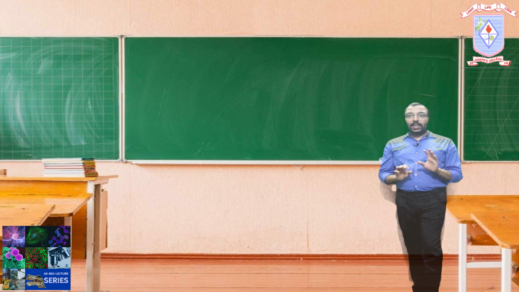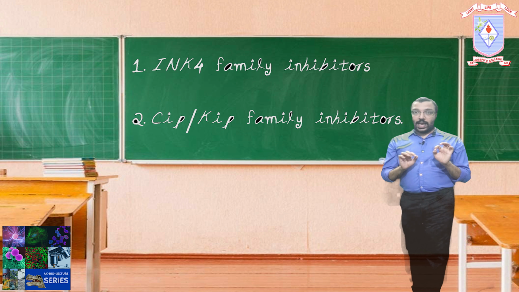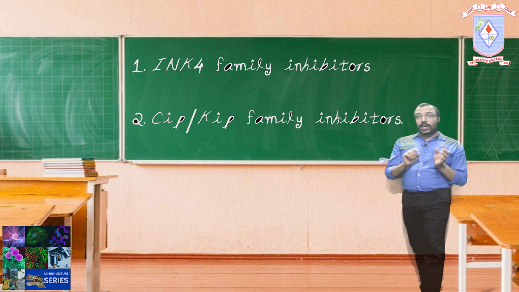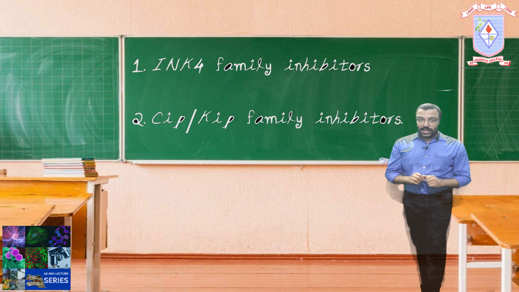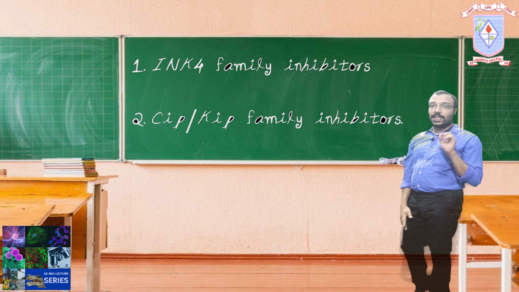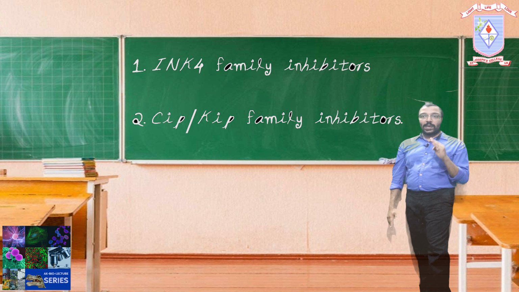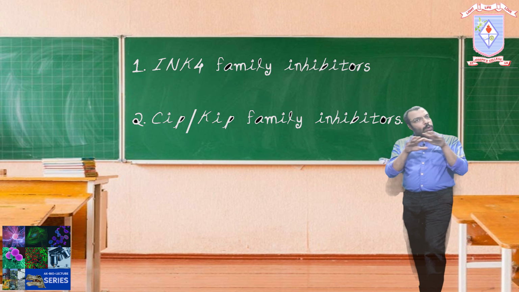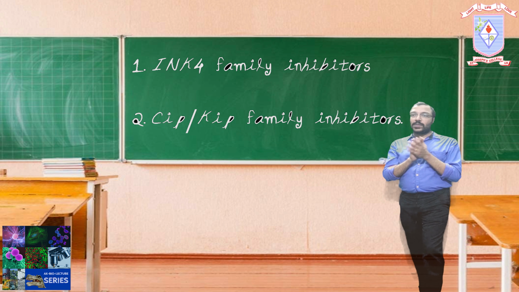Which are they? The INK4 family and the CIP and KIP family inhibitors. CIP or KIP family proteins are capable of inhibiting all CDKs. There is no specificity.